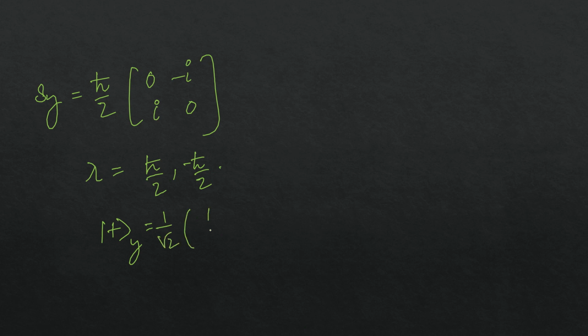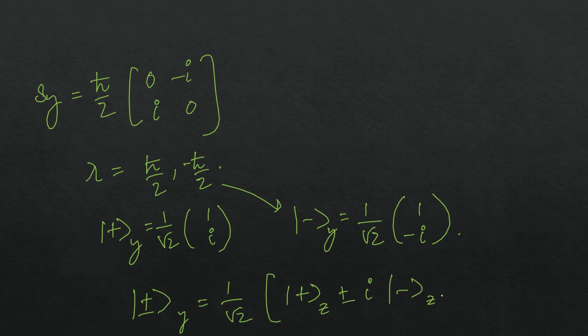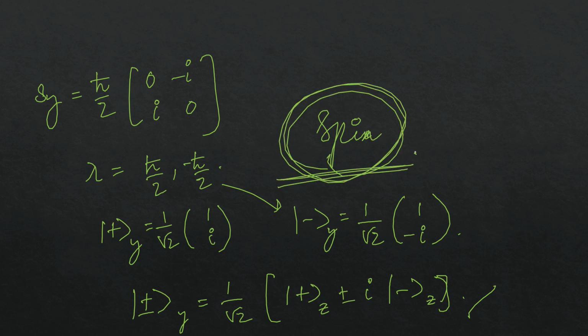So these are the eigenvalues, eigenvectors, spin, and everything related to spin angular momentum.